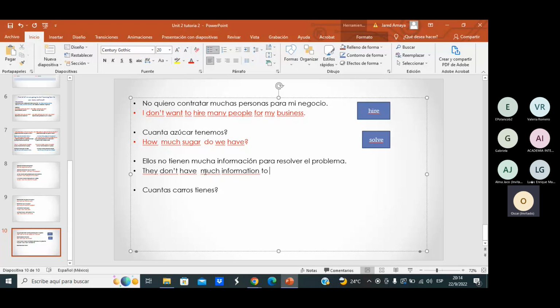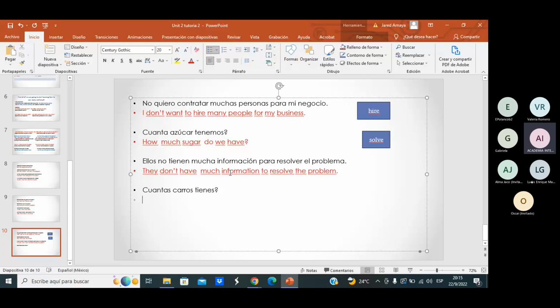To resolve. Okay. Vamos a decir, in order to, or to resolve. To solve the problem. They don't have much information. Yeah, we don't use many because information in English is an uncountable noun. That's why we have to be careful with that.